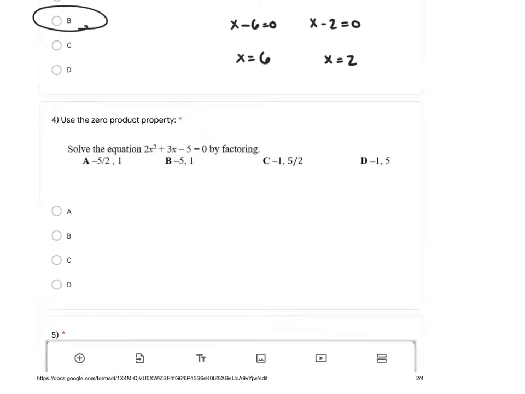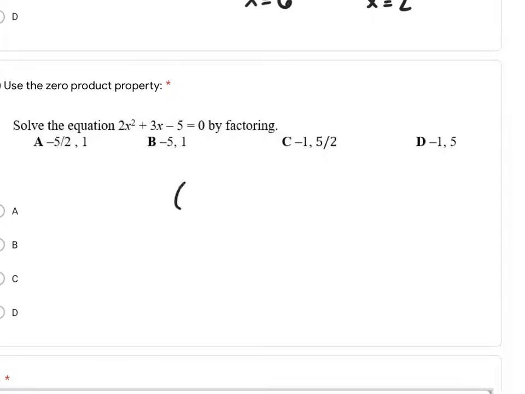So here's a final zero product property problem, but what made this one more tricky is that when you go to factor it, it is the more difficult type because of that 2, so I have to start off 2x and x.